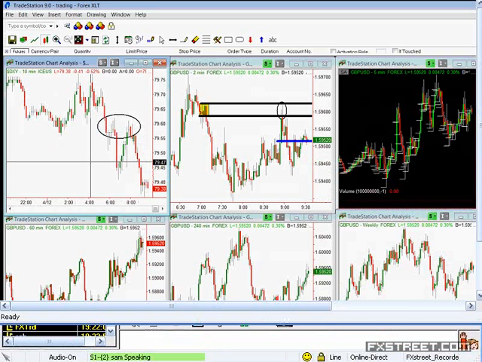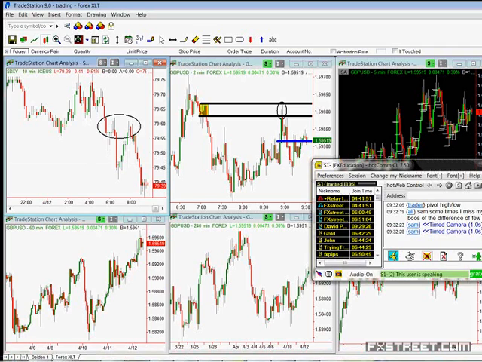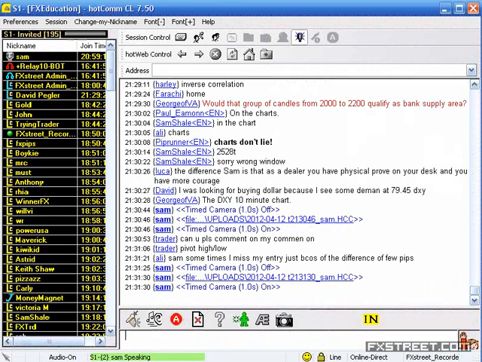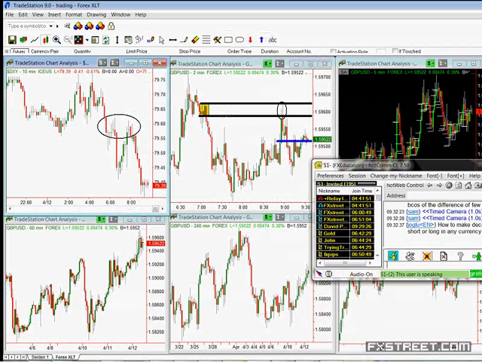Yeah, Ali is making a good point. I see this comment sometimes: sometimes I miss entry by just a difference of a few pips. So, Ali, correct me if I'm wrong, but what you're saying is you're usually right in finding the turning points, but you miss your entry. You just don't get filled, and price goes in the direction you thought it was going to go. Is that the issue?